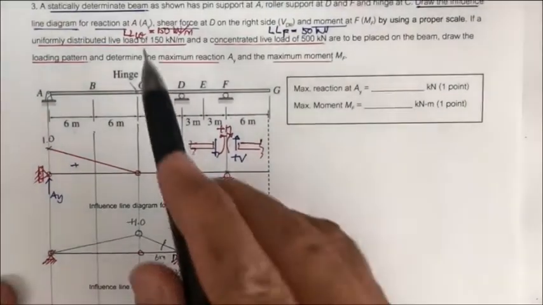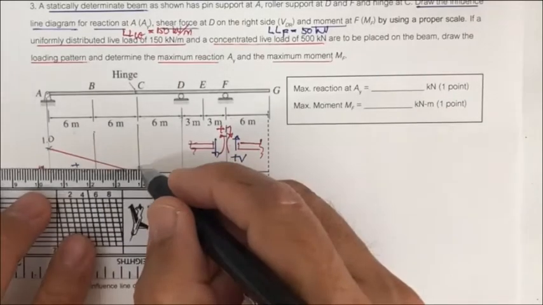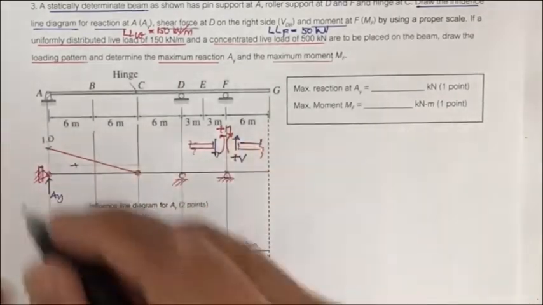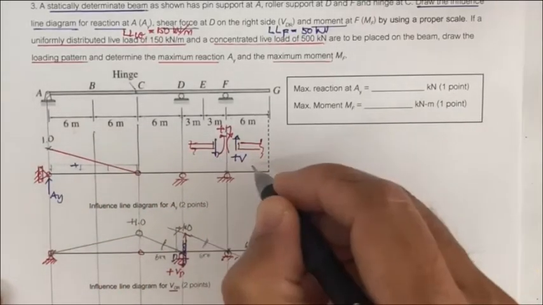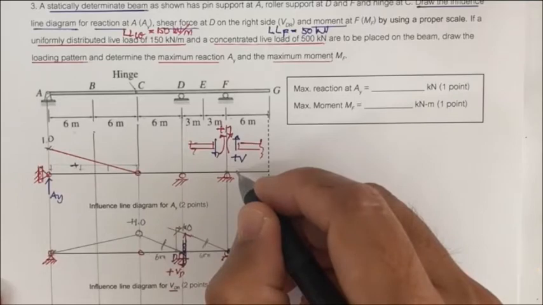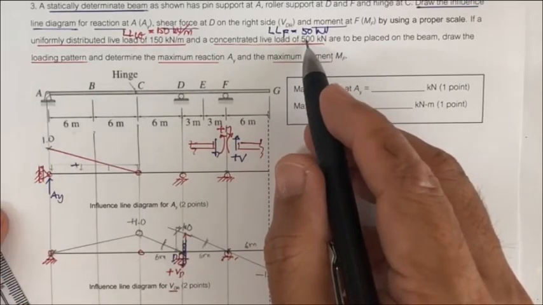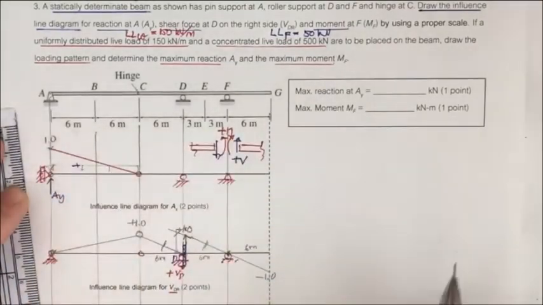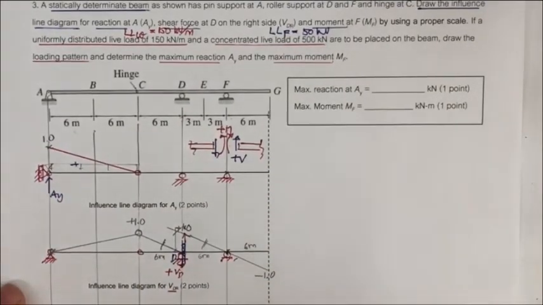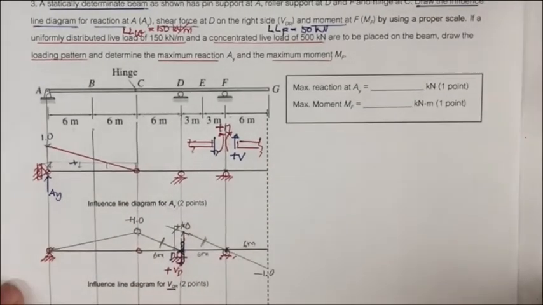So that means the uniformly distributed live load is going to cover all this area, and it won't go over here because there is no influence here, and then the point load is going to be at the highest coordinate of that influence line. So the point load is going to be here. That's going to be the loading pattern to produce maximum A sub y.